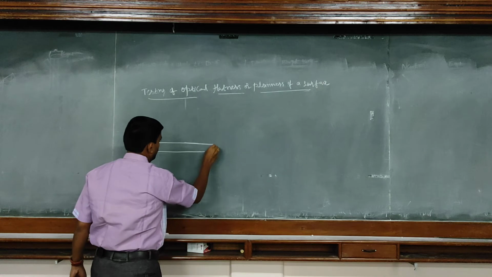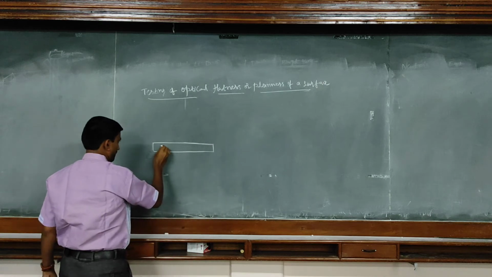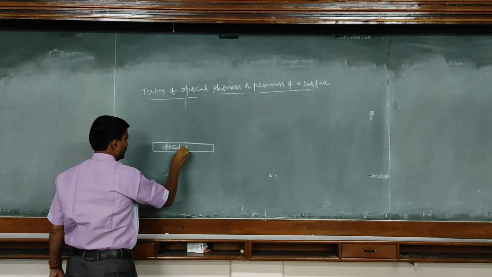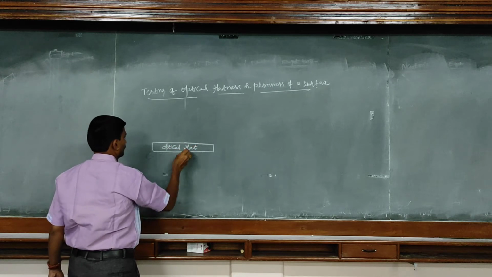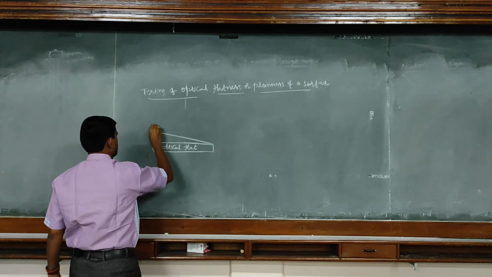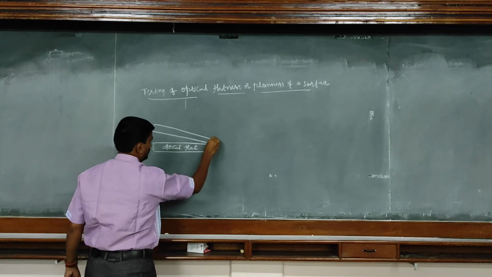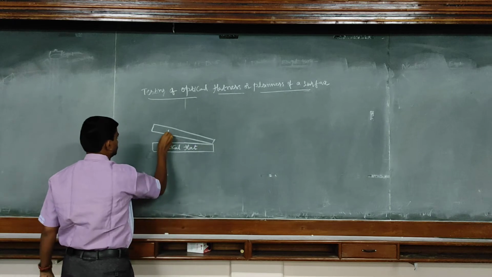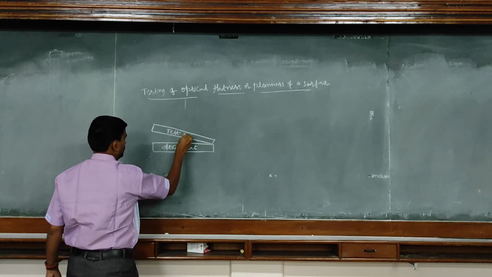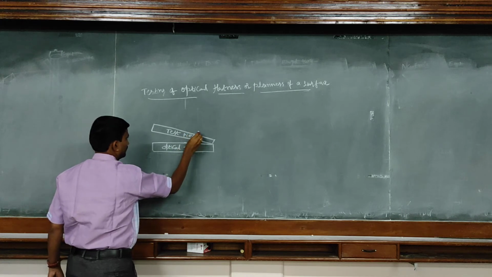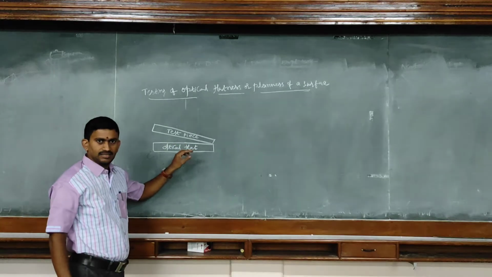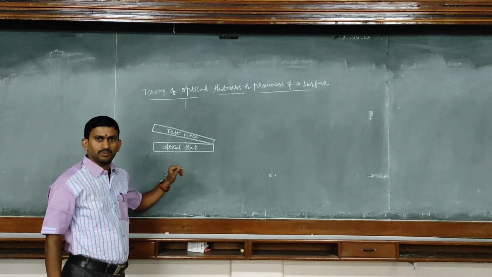This is the optical flat, and the surface to be tested is placed on this particular optical flat. Test piece or test surface, whatever it may be. Then a wedge is formed between these two.